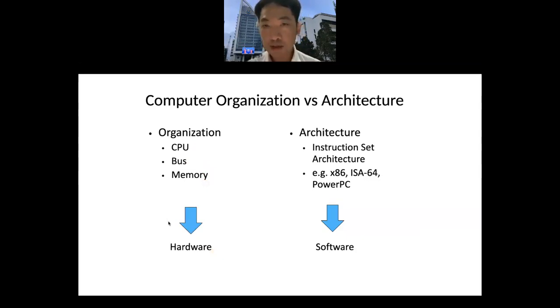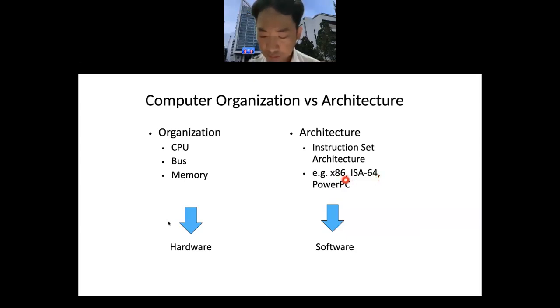But when we talk about computer architecture, usually we discuss the instruction set architecture. The dominant instruction set architecture nowadays is x86. Many of us use Intel or AMD x86 or IA-64.